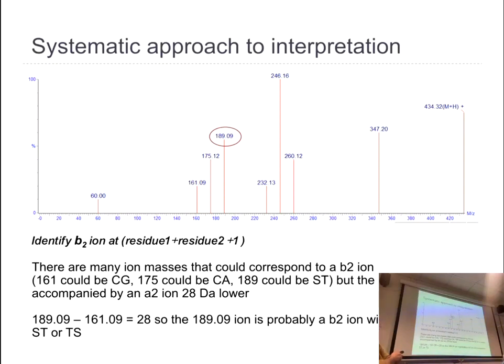If you make this assumption and carry on sequencing and it doesn't work out, don't feel disheartened. It can happen. You just go back and say, okay, that was not the right assumption. But in this case, we get a lot of hints. So it's probably the B2 ion, and we've got S or T or TS. So that's our B2 ion.